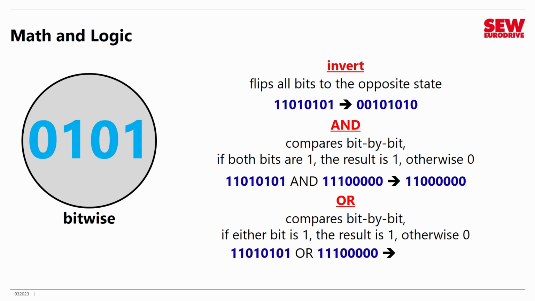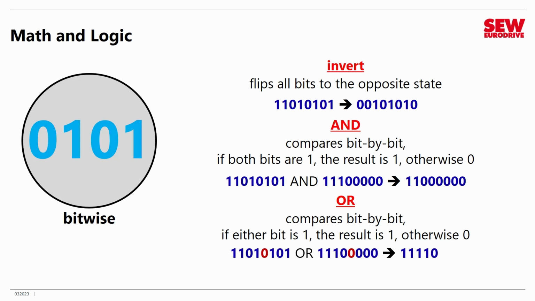So we start with the first bit, 1 and 1. We compare them together. They're both 1s, so we get a 1 from that. We have again two 1s. That gives us a 1. We have a 0 and a 1. And of course, that gives us a 1 because remember, you just have to have at least 1 in there. You don't have to have them all like you do with AND. 1 and a 0 gives us a 1.